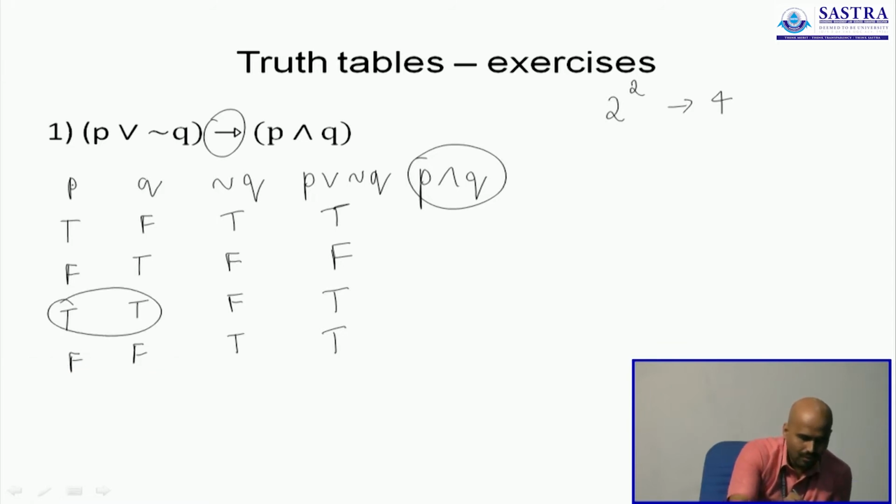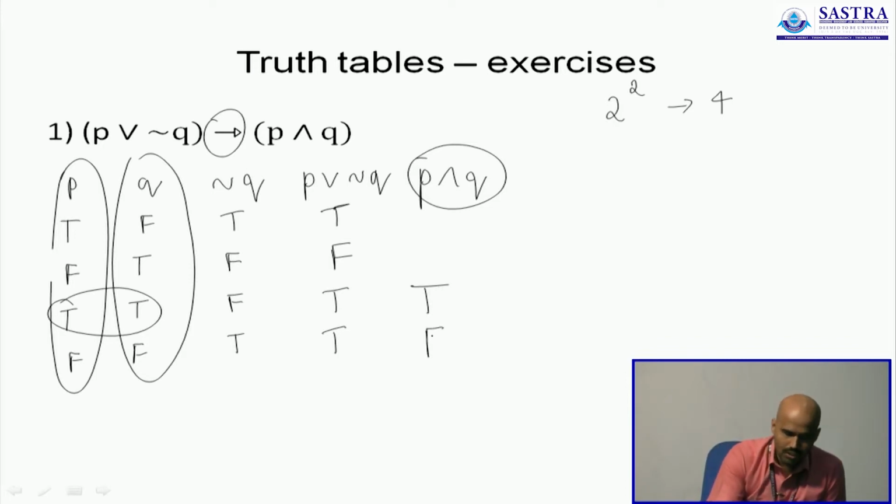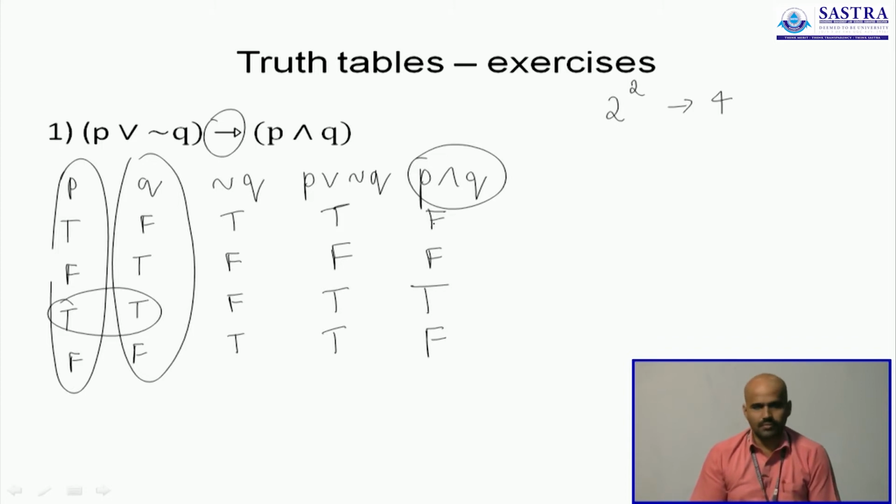In fact, we are comparing the first and second columns, and you see that both of them are true only in the third row. So the corresponding truth value for the conjunction is true, and it's false in all other cases. That's straight out of the definition of the conjunction as a connective.